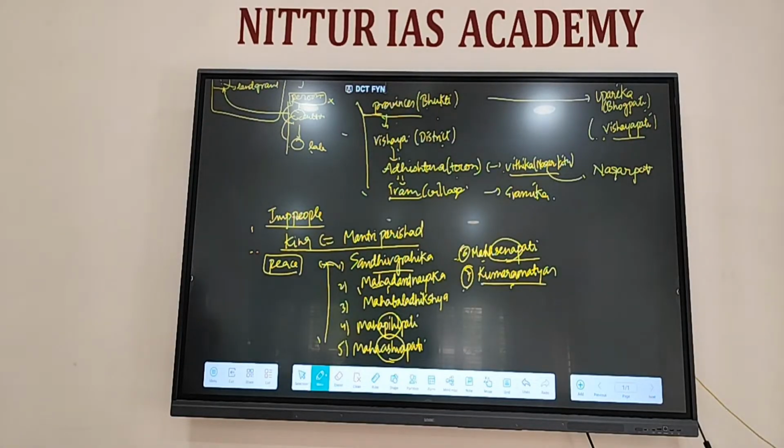Mahadandanaika is also a judge. Next, you write Mahabala Diksha: head of the forces, in charge of all types of forces. Mahasenapati is only in charge of armed forces. If you are maintaining any ship, navy and so on, all those will come under Baladiksha.